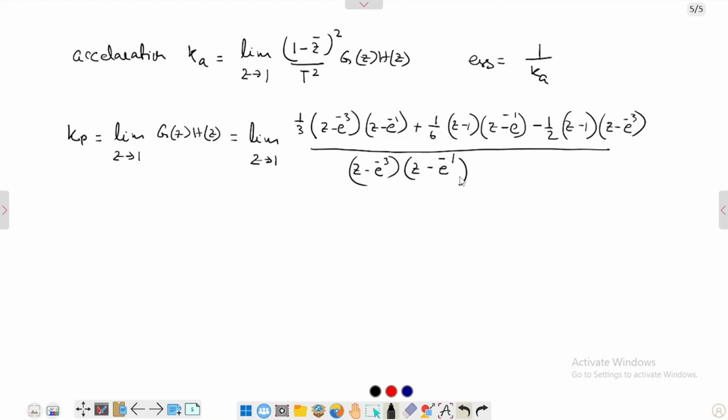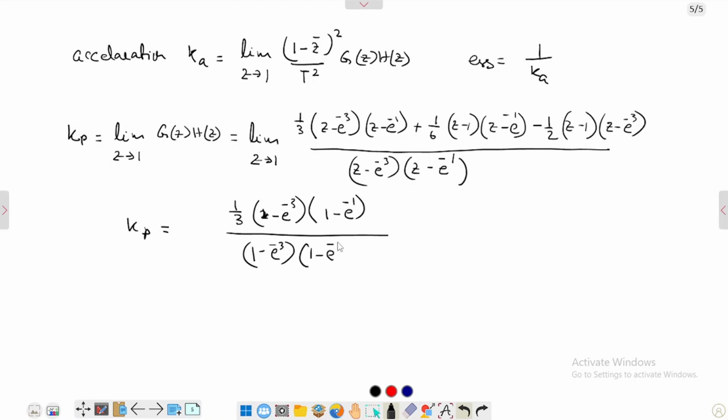Now, if you see it clearly, if I plug in the value z equal to 1, then these two terms will vanish. So my Kp, after plugging z equal to 1, is 1 by 3, (1 minus e to the power minus 3), (1 minus e to the power minus 1), divided by (1 minus e to the power minus 3), (1 minus e to the power minus 1).